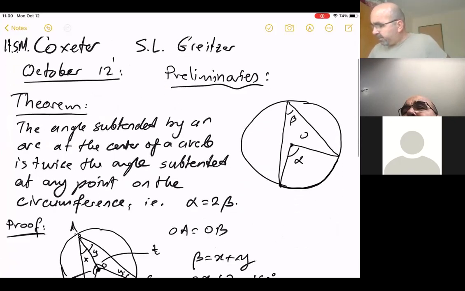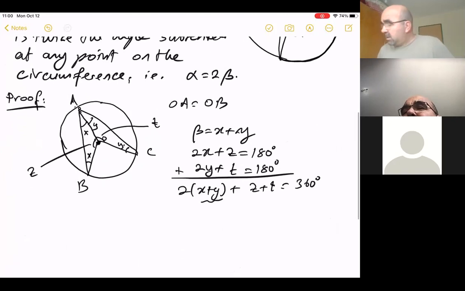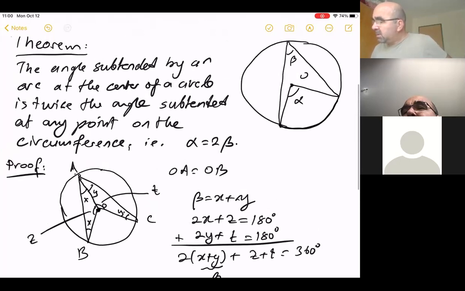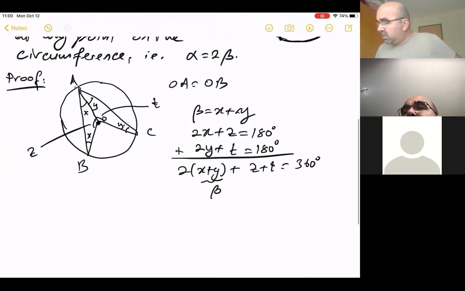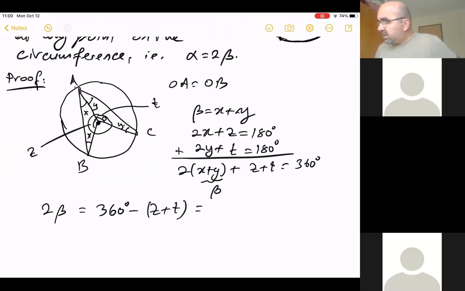So X plus Y, what was X plus Y? It is beta, right? So that 2 beta is equal to 360 degrees minus (Z plus T), but the angle around the point here is 360 degrees, so 360 minus (Z plus T) is precisely alpha.